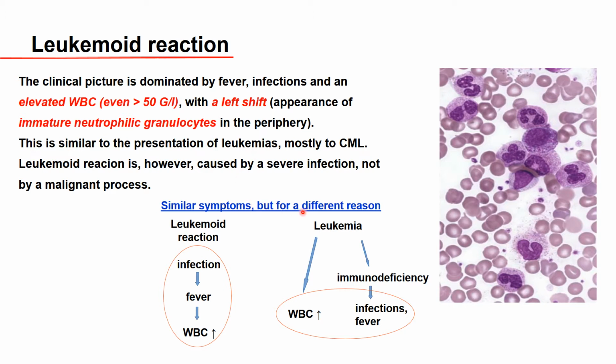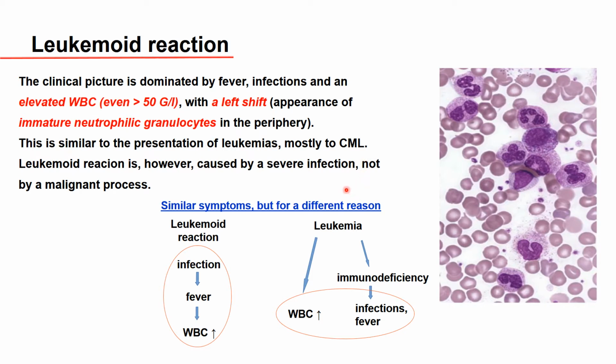What does this left shift mean? Usually in the periphery, as I showed before, we do see mostly the segmented ones, and very few bands and maybe a few metamyelocytes, but we do not see any myelocytes or promyelocytes and no myeloblasts at all.